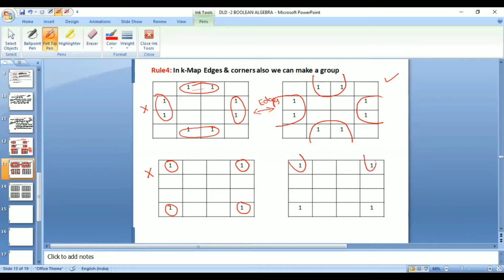This one, at the same time this one and this one, make one quad, one group of 4 bits. If you group like this individually, it is wrong. So this is the correct way to group the minterms. Hope you understand how the edges are grouped and how the corners are grouped.